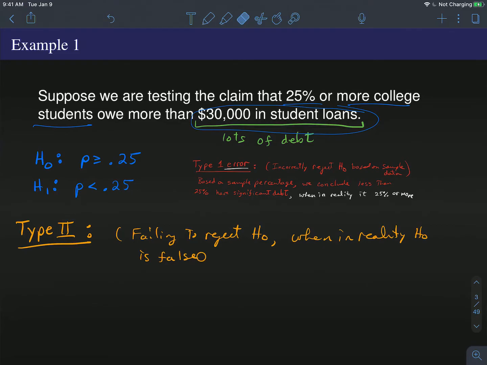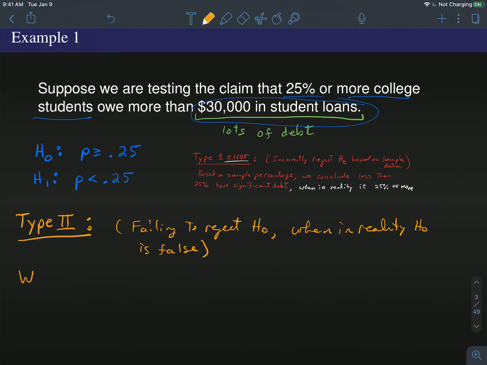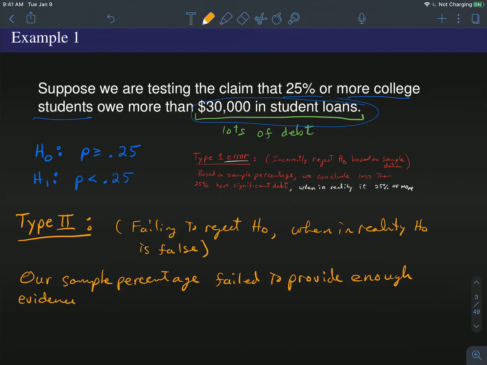Right? But what this would actually look like or mean for our particular setup here is it would mean that our sample percentage failed to provide enough evidence that less than 25% have significant debt.